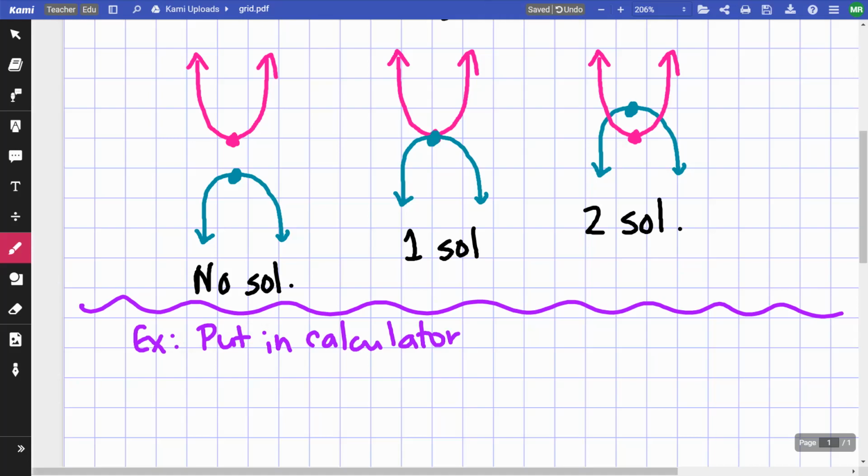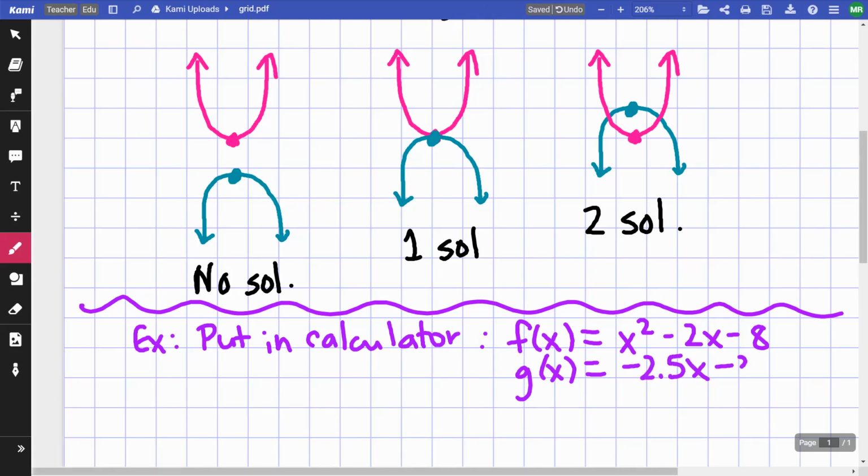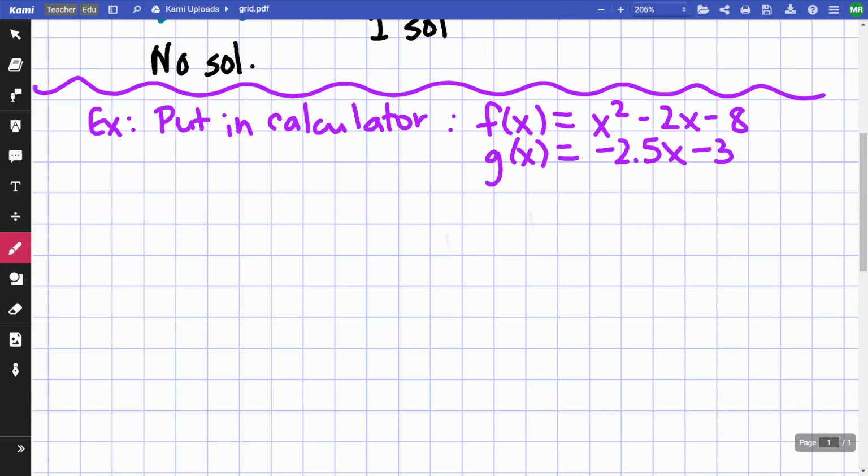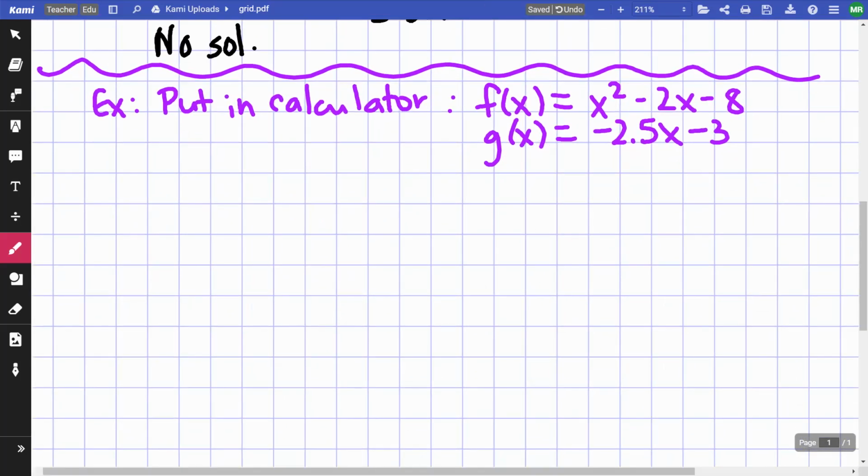So let's say we had f of x is equal to x squared minus 2x minus 8. And we have g of x is equal to negative 2.5x minus 3. Now we could graph these by hand and see, but we're going to put them into the graphing calculator.